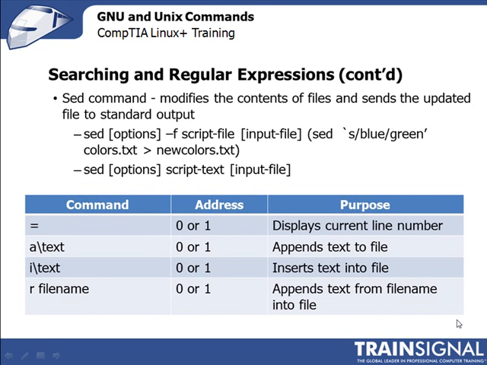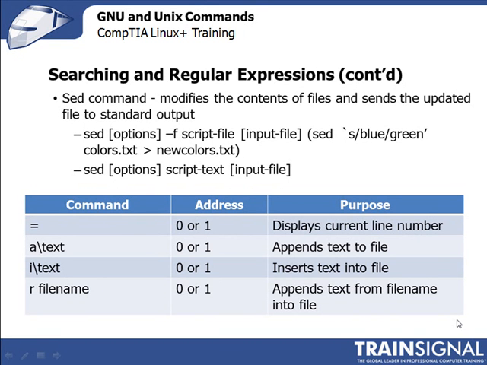It might read sed, space, backtick, s, which represents a regular expression, /blue/green, followed by the trailing tick, space, colors.txt, greater than symbol, space, newcolors.txt, which says we're going to look in the colors.txt file, and we're going to swap out the word blue for green, and we're going to write that to a new file that's called newcolors.txt. Let's take a look at some options that go along with this command.